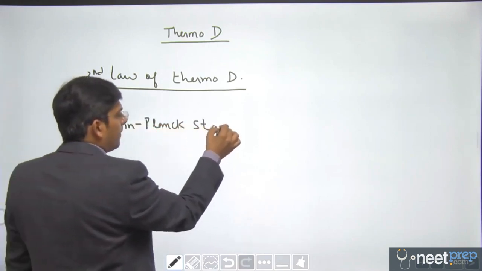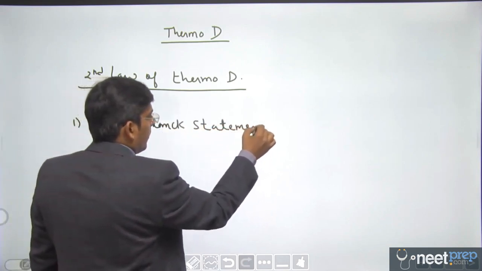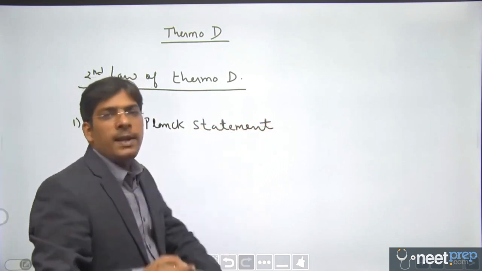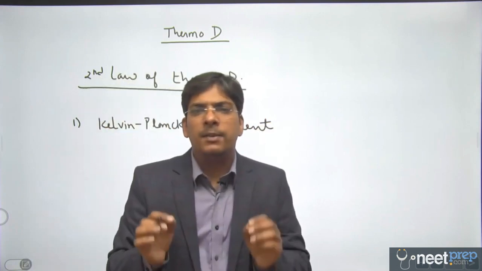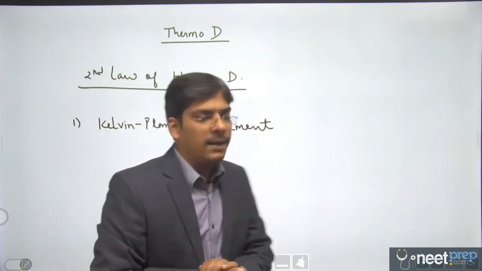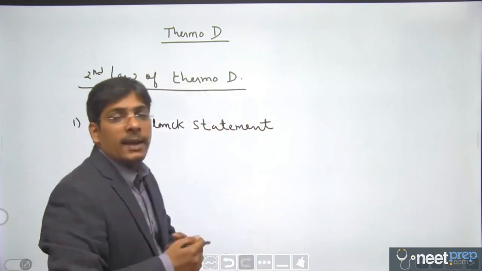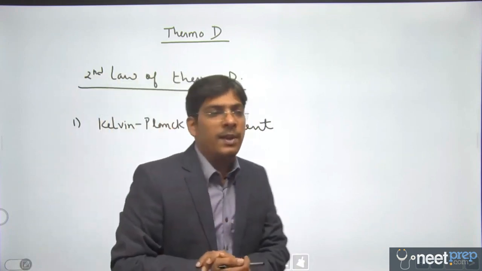Okay, what is that? That is an obvious statement that no heat engine can convert 100% of heat absorbed into mechanical work. That means you cannot make an engine with 100% efficiency, right.